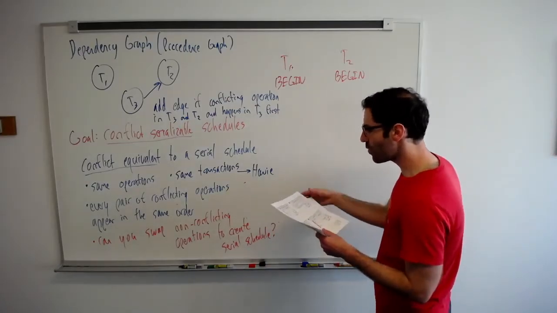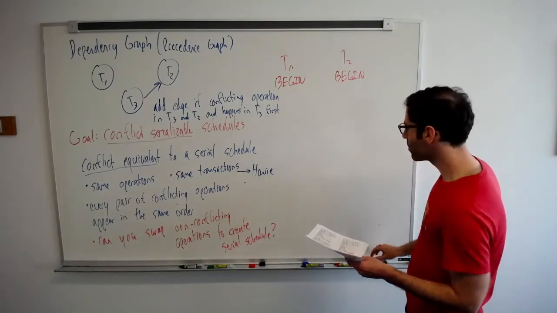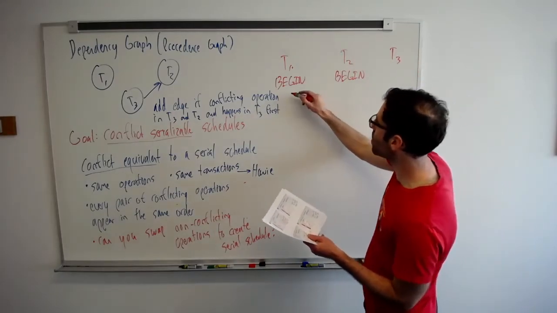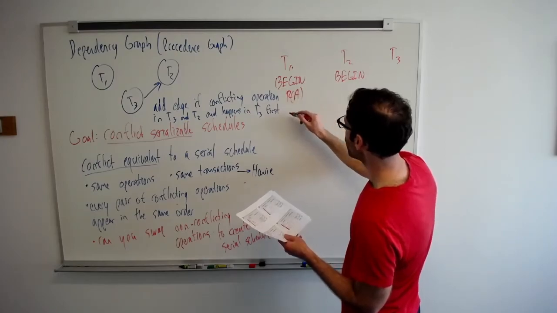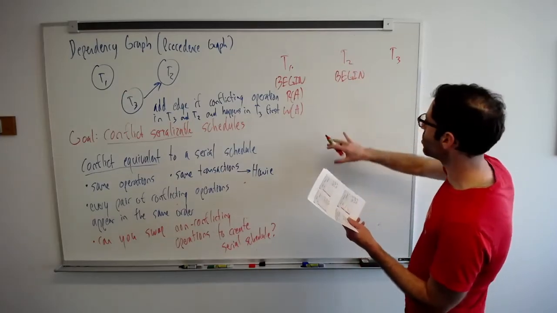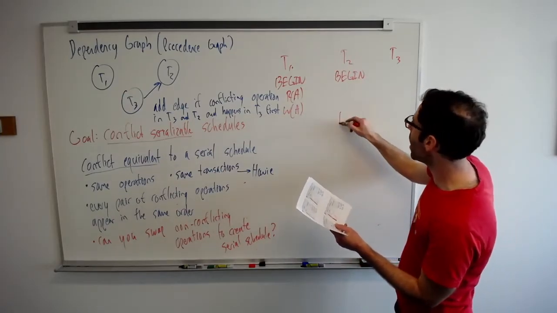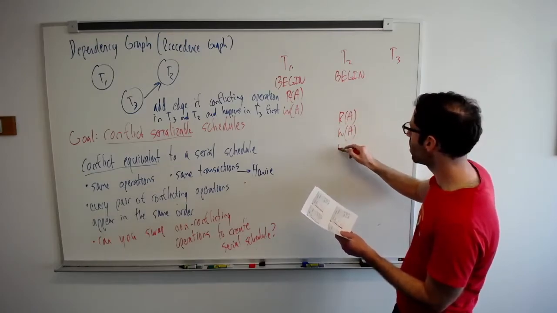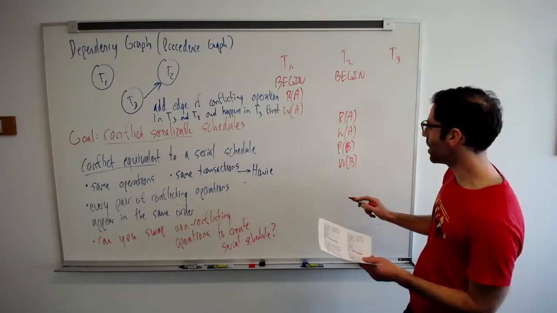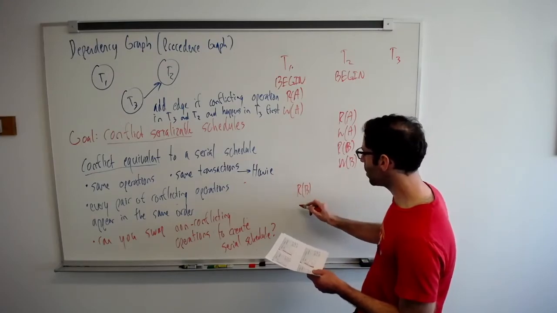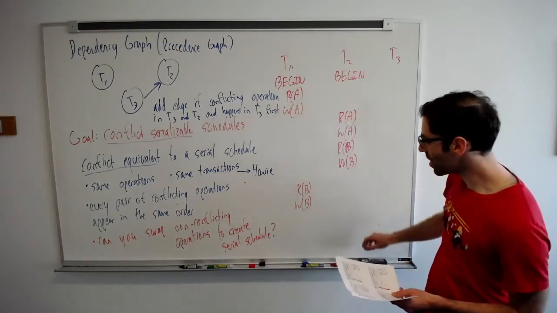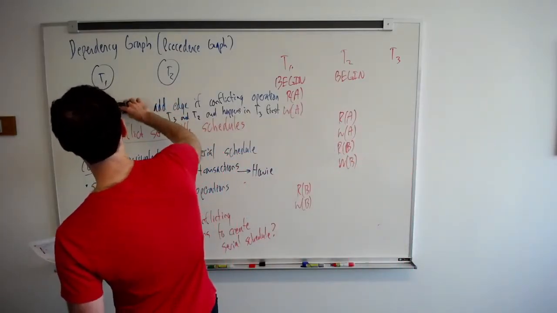And so if we have a kind of 3 transaction schedule like so, where we begin T1, read A, write A. Actually, we'll just do a 2 transaction one to start. T2 reads and writes B, and then T1 reads and writes B. In this case, we would not have our T3 in here.